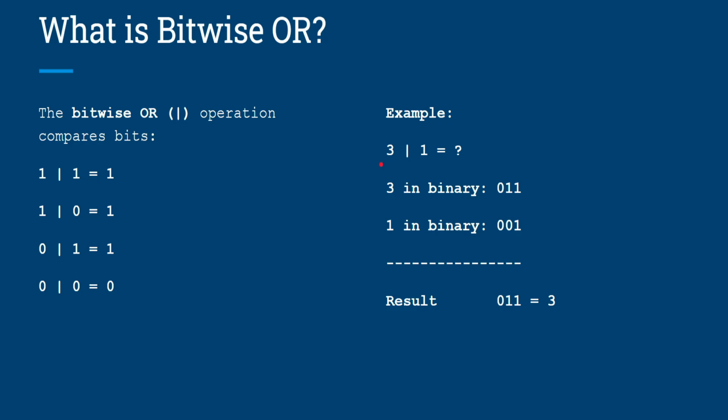For example, if we take the bits of 3 and 1, let's suppose a 3-digit binary, and we take the bit of 1, what will we get?